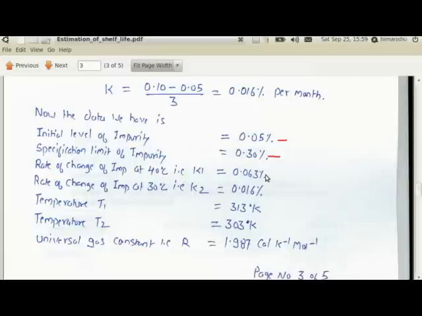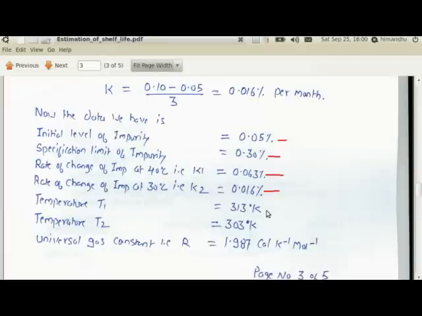Now the data we have is: initial level of impurity is 0.05%, specification limit of impurity is 0.30%. Rate of the change of impurity at 40 degrees centigrade, that is K1, is 0.063%. Rate of the change of impurity at 30 degrees centigrade, K2, is 0.16%.